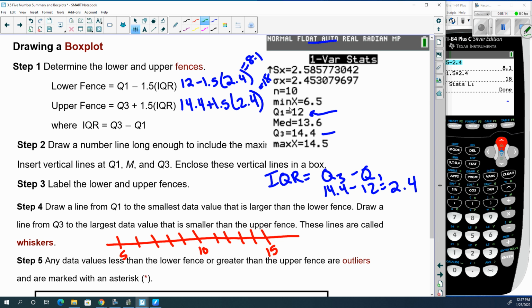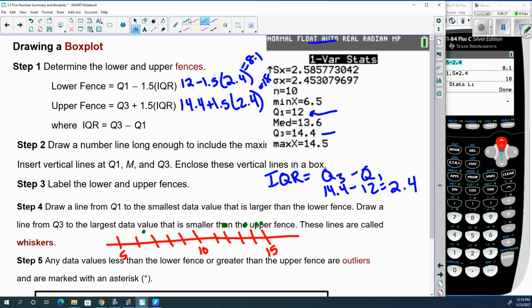So then for the box and whisker plot, my minimum was at 6.5. I would put a point for that. My quartile 1, which was at 12. My median, which is 13.6, which would be about right here. My quartile 3, which is 14.4. And then my maximum, which is 14.5.